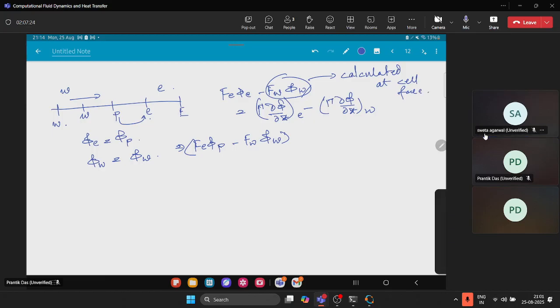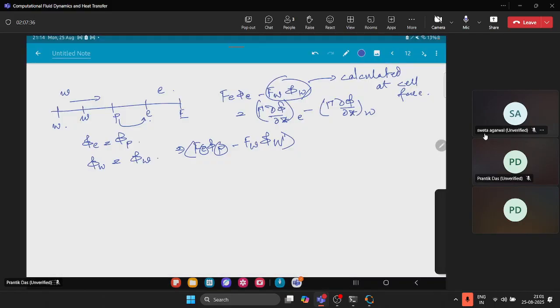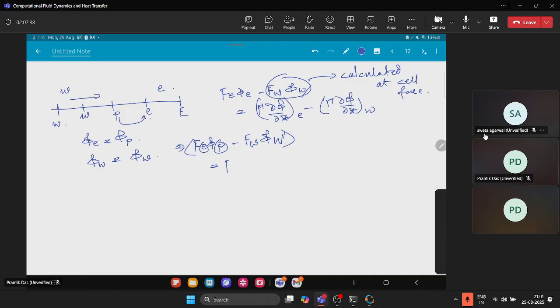Yeah, both are small w's. So this was small, this is also small, but this is capital P and this is capital W. Yes, sir. And this is equal to gamma (phi E minus phi P) divided by delta x minus gamma (phi P minus phi W) divided by delta x.